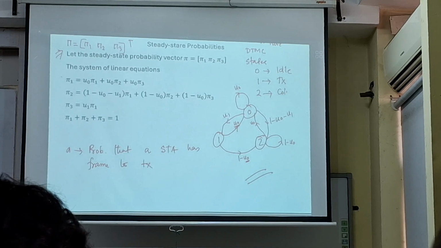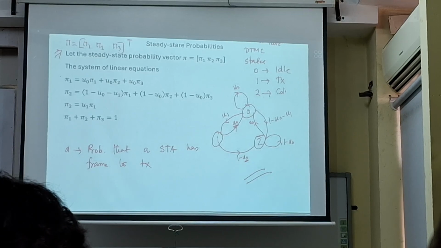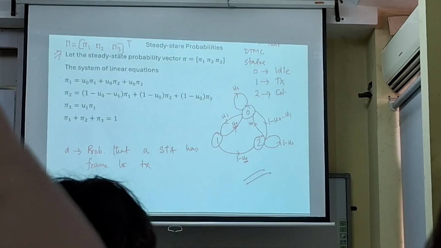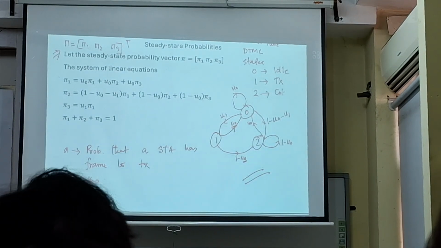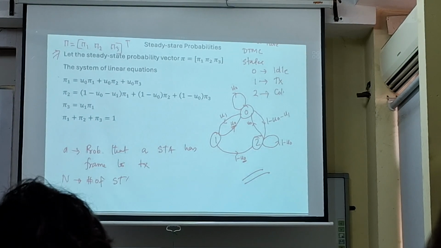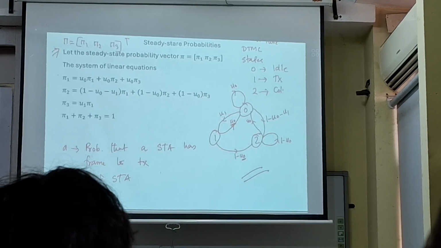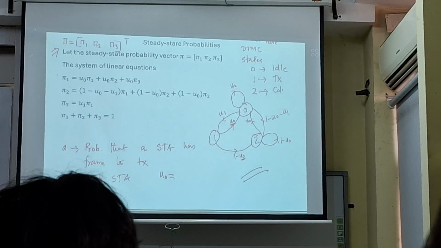Or you can consider it the probability of a frame arriving at a single station, right? So that means how many stations are here? We have n number of stations. Then these probabilities that we have, we discussed this in the last one.